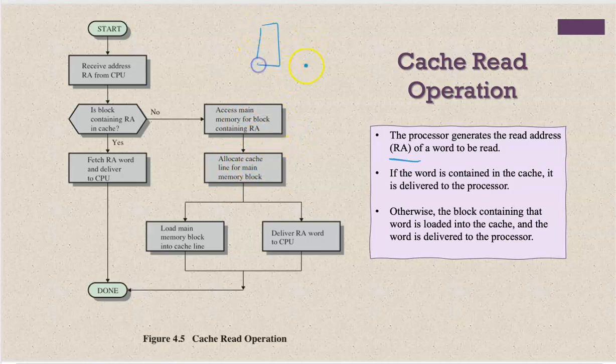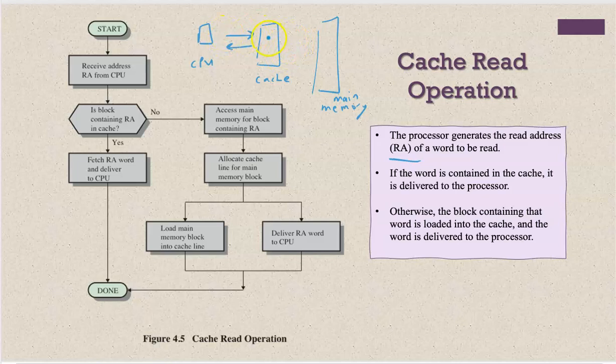Remember, we have our CPU, our cache, and our main memory, MM. The CPU asks the cache, hey, do you have the read address that I want? If the cache says yes, it gives the data that the CPU wants.